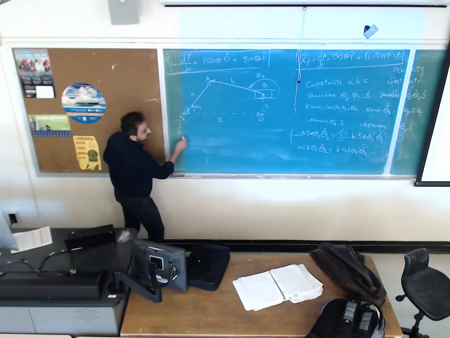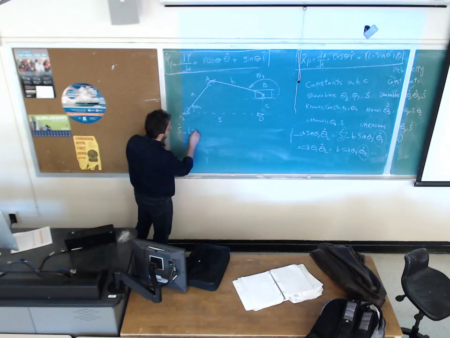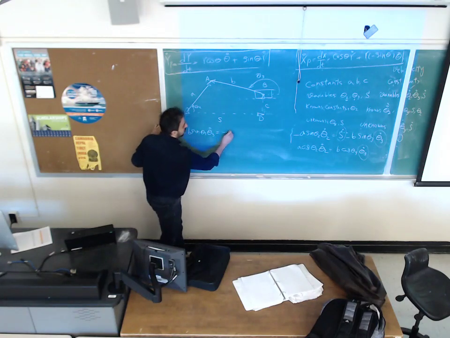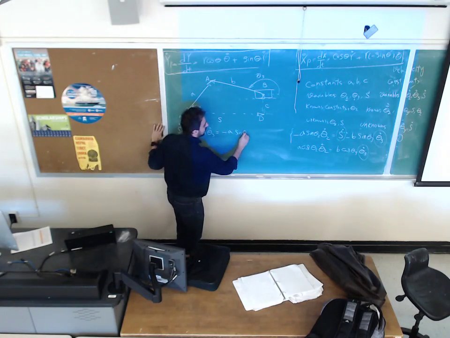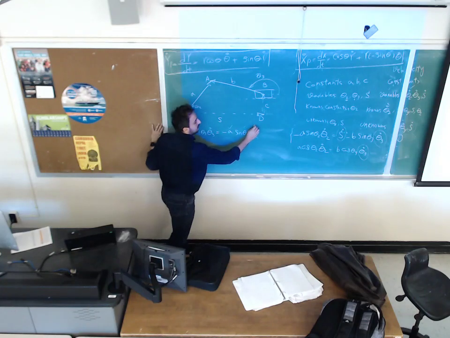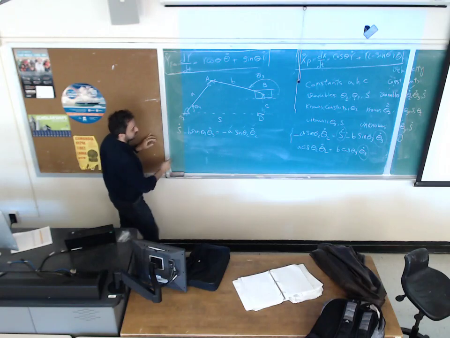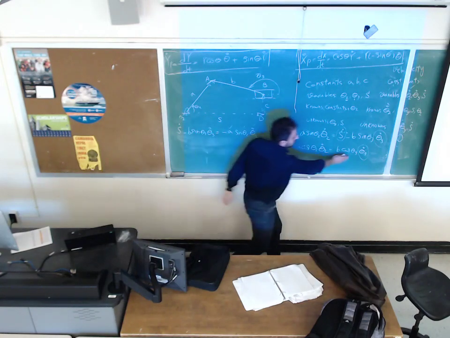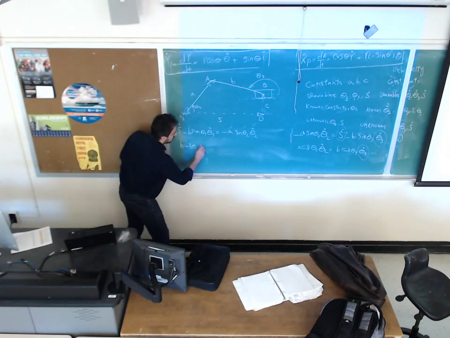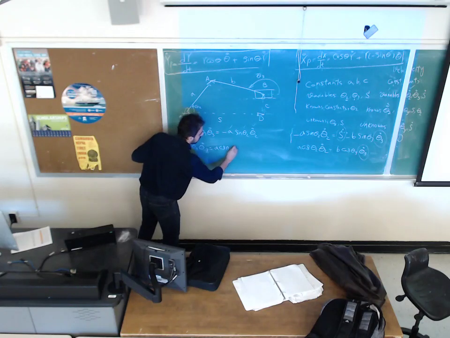So S dot minus, or D dot, B sine of theta 3, theta dot 3 equals negative a sine of theta 2, theta dot 2. This term is known, theta 2 is known, theta dot 2 is known, and S dot and theta dot 3 are the only unknowns. Same thing here. The only unknown term here is B cosine of theta 3, theta dot 3, equals A cosine of theta 2, theta dot 2.